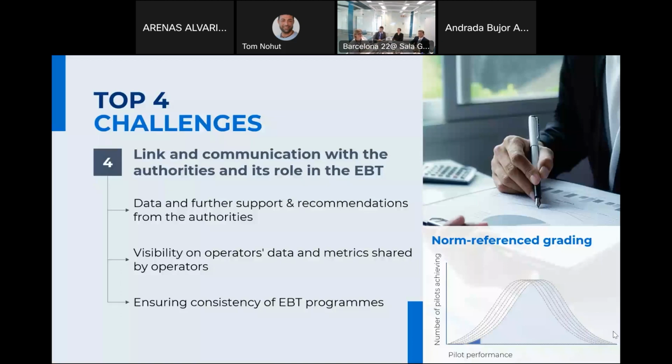Okay, but if we look at the future, we could think about a different role, the authority ensuring the consistency of the program, and here we give preference to the comparison and the revalidation of the program itself. So EBT is a norm-referenced grading, and with the maturity and evolution of the program itself, EBT could become easy for the trainees and even for the instructors.